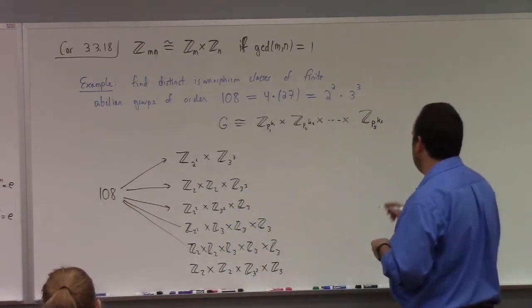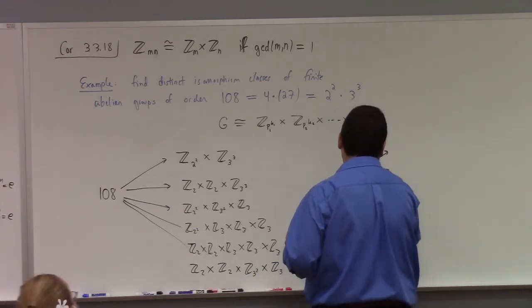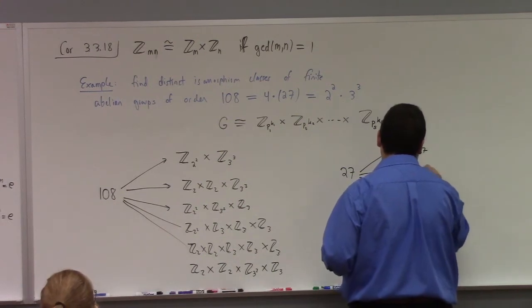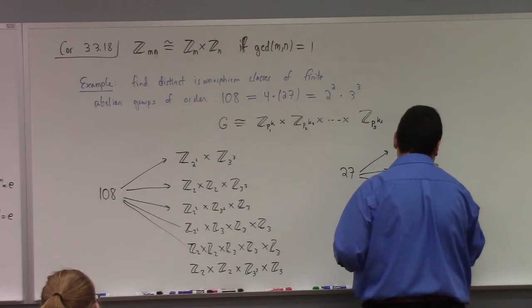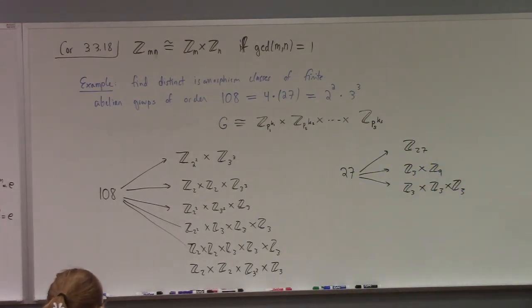See, because the basic thing here is if I have a group of order 27, the possible ways to do that, we could do Z27, we could do Z3 cross Z9, we could do Z3 cross Z3 cross Z3. What I'm looking at is a representative of each possible isomorphism class of finitely generated abelian groups of order 27.